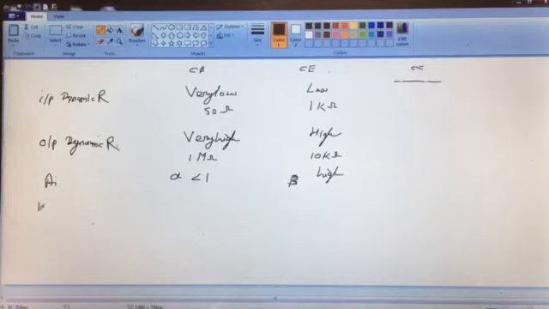Leakage current is very small in one and very large in the other.